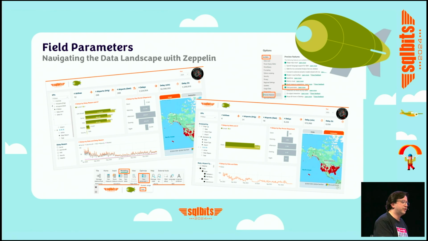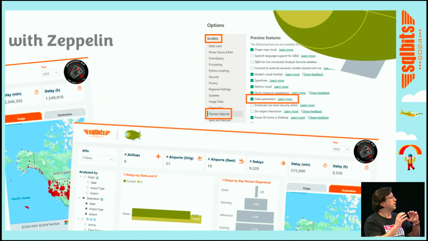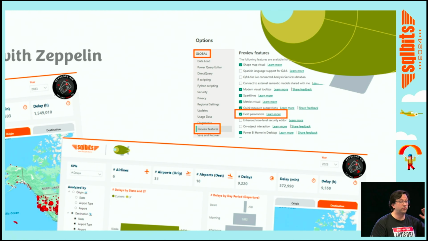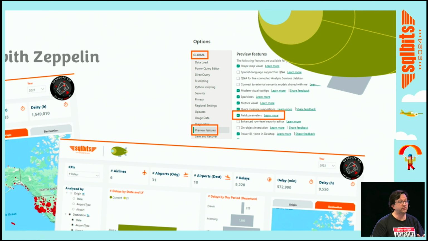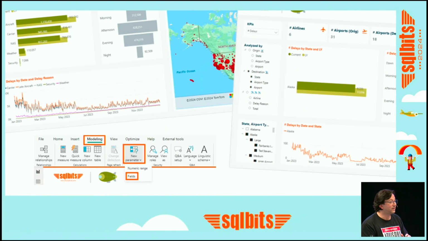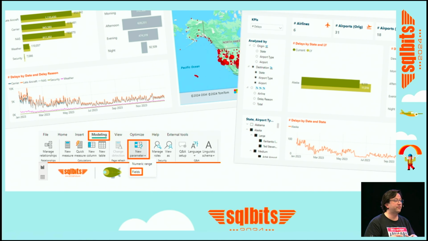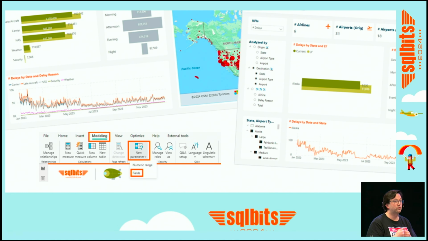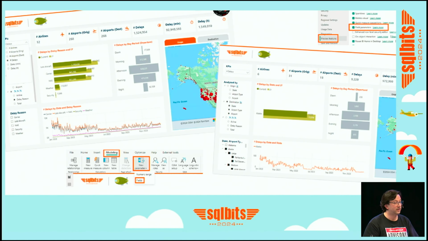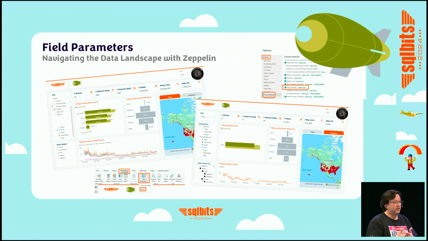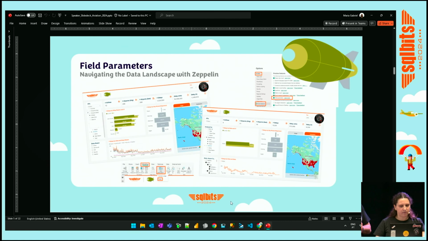So in this case, field parameters is a feature in Power BI. It's still in preview, so you need to activate it to use it. And after that, the user will have the ability to choose which data he wants to see and why. So please, Maria, show how we can do that.